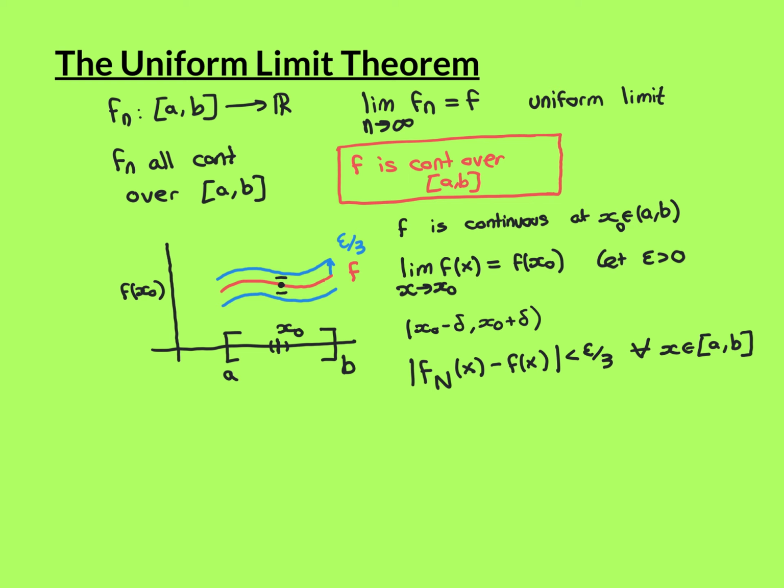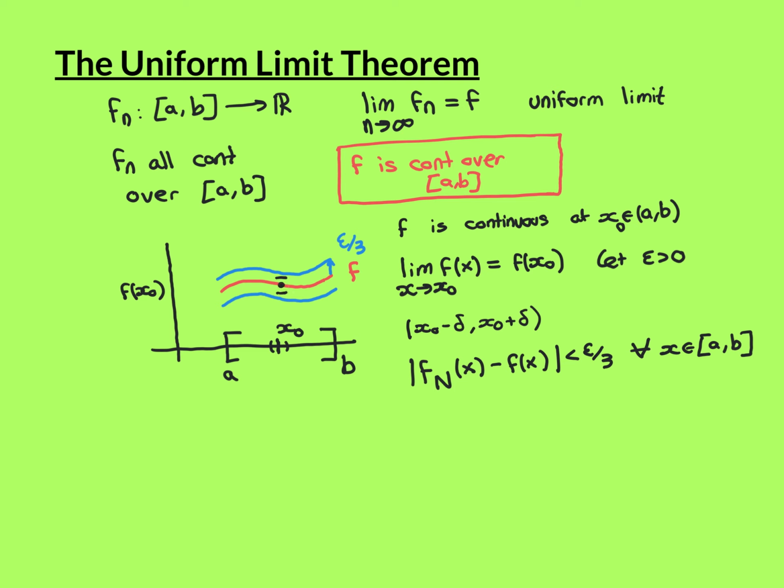I'm not going to change it because it'll make the picture look difficult, but imagine I'm drawing this blue tube around the red limit really close, so that it is a third the size of this epsilon interval around the red function at this point here.